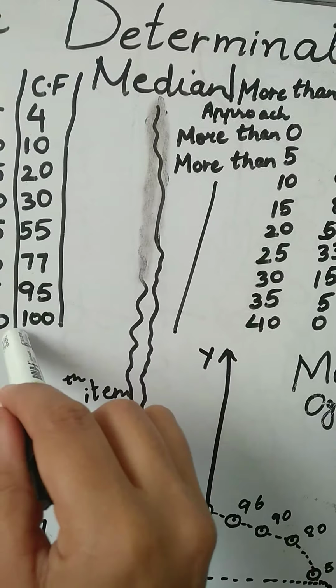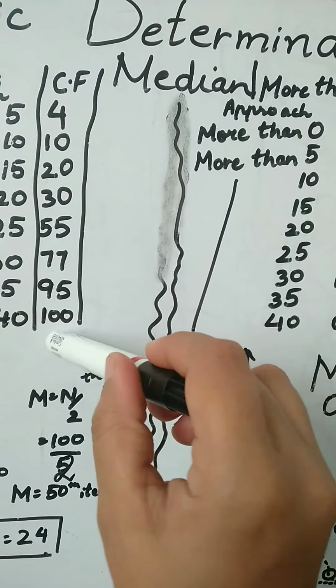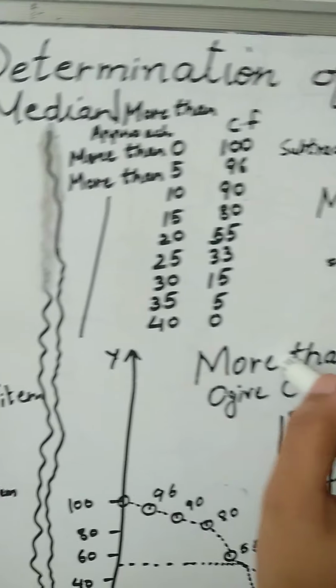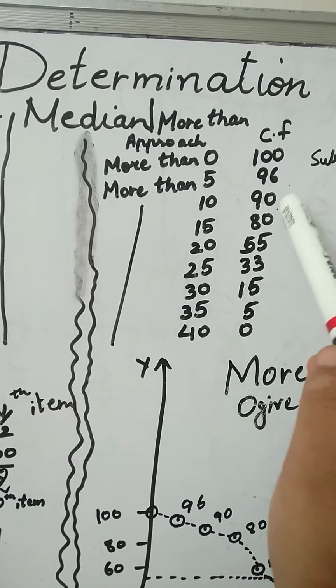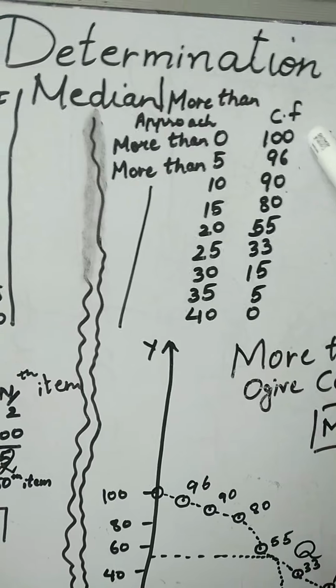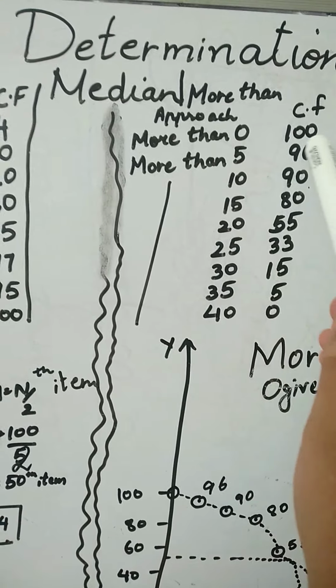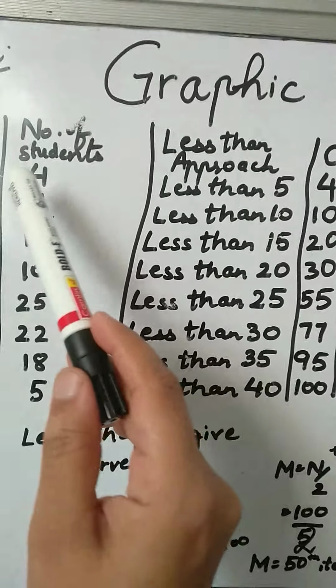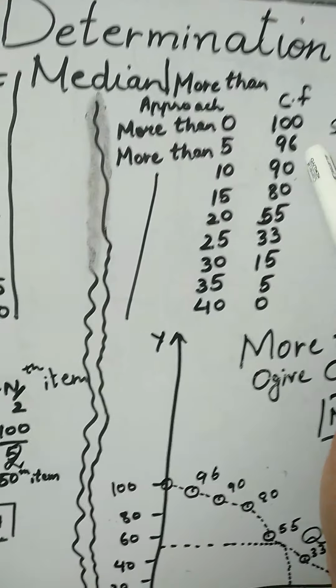In the previous case we were adding up the frequency to make the cumulative frequency. In this case we are going to subtract. How are we going to subtract? The highest frequency was 100. We are considering it as the top. More than 0 it's 100. More than 5 it's 100 minus the previous frequency, which was 4. 100 minus 4 we get 96.